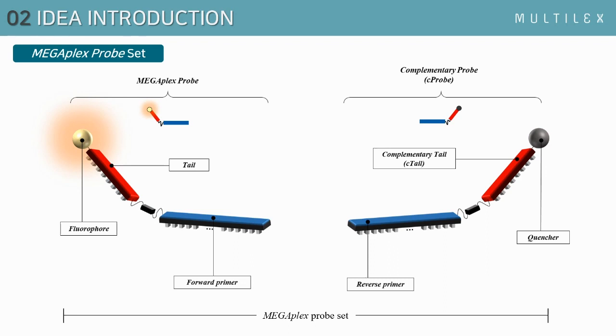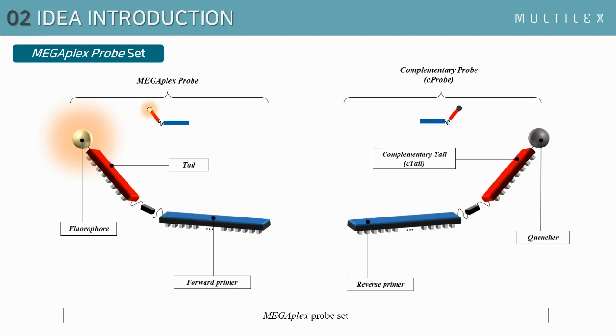The Megaplex system is realized using the Megaplex probe set, which are the probe and the complementary probe. I use the short name C probe. The probe and C probe set include primer and tail respectively. As you can see from the slide, the probe consists of a forward primer, tail, and fluorophore.